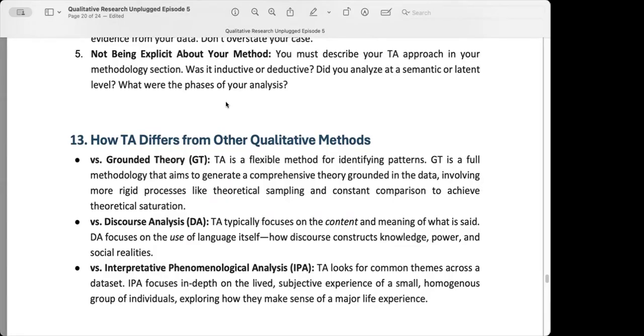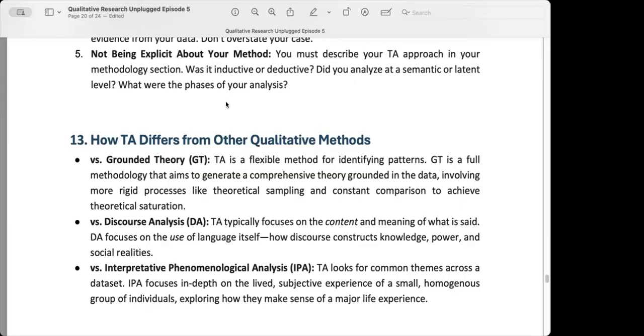While TA can certainly contribute to theory development, GT aims to build theory as its core explicit outcome, and thus involves a much more intensive, iterative, and prescribed process of theory generation from the ground up. So GT is about building theory, TA is more about finding patterns. Generally speaking, yes, that's a key distinction in aim.